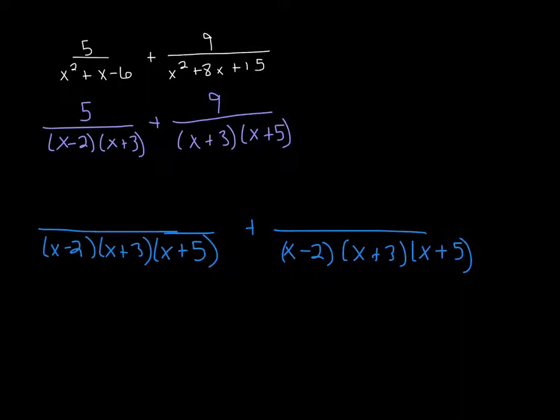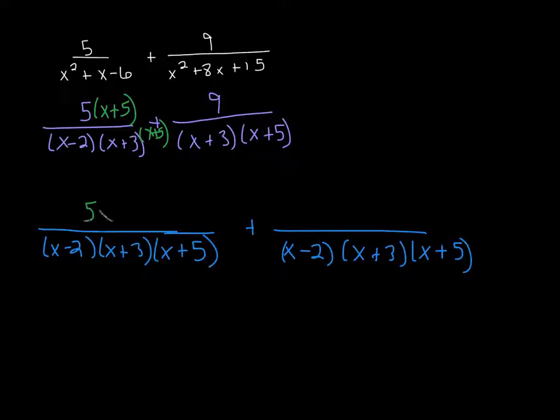Now, let's look at each fraction and see what's missing from that denominator. We have in the first fraction the x minus 2, the x plus 3. We don't have x plus 5. So we need to multiply our numerator by x plus 5. And let's go ahead and distribute that. Save ourselves a step later.